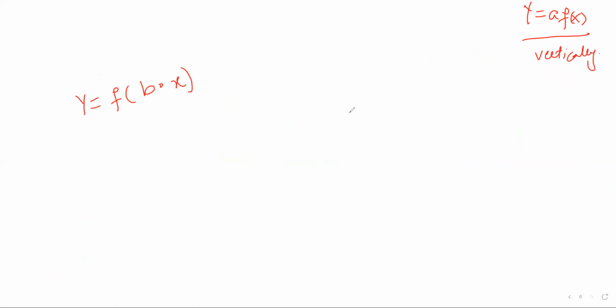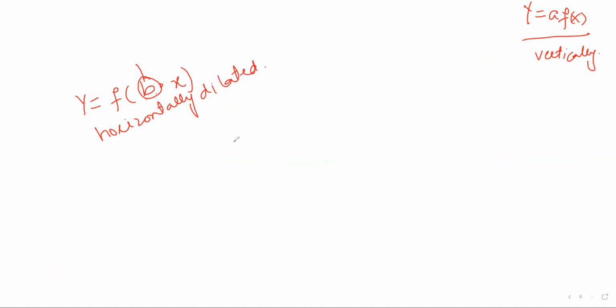Now we are going to do f of b x, or f of a x. So the factor is multiplying inside the bracket with x. So here it is going to be horizontally dilated. Getting it?